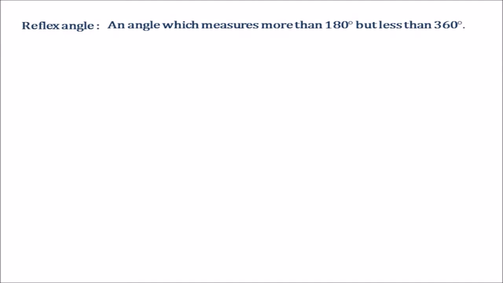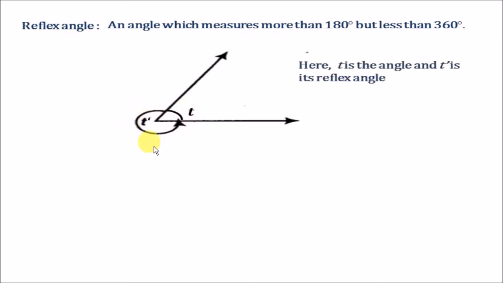Considering T to be an angle, the angle T dash at the other end is known as its reflex. So if T is the angle here in this representation, then T dash will be its reflex angle.